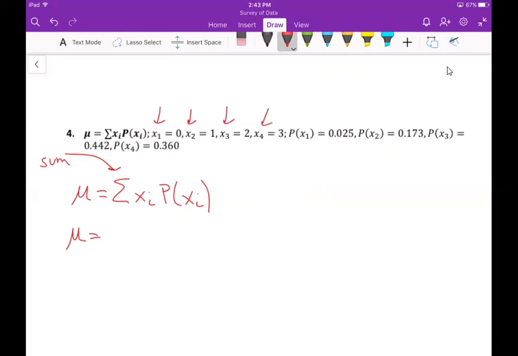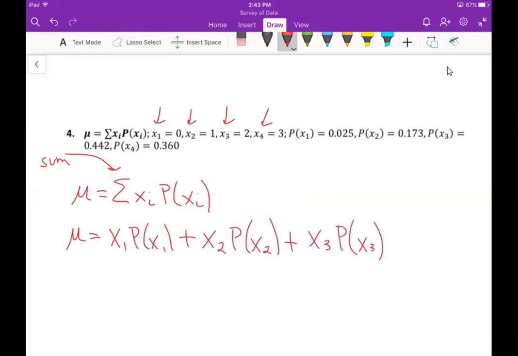So if I break up this sum, it means to take x1 and substitute both indexes with 1, and then add in the next index. It looks exactly the same, it's just that the index has changed. And we keep doing this until we get to our final thing. This one goes up to 4. So I need 4 values here. Okay, now notice these are the knowns I'm given.